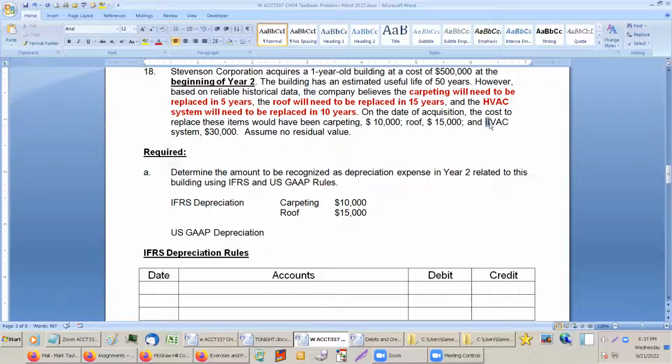That should be an H. Heating. I don't know what the V stands for. Heating V something, and then AC. Ventilation, maybe. All right.